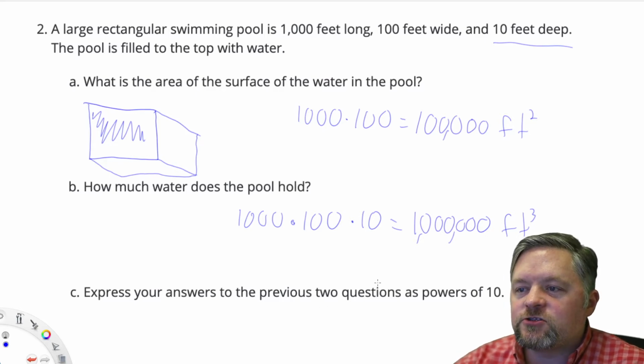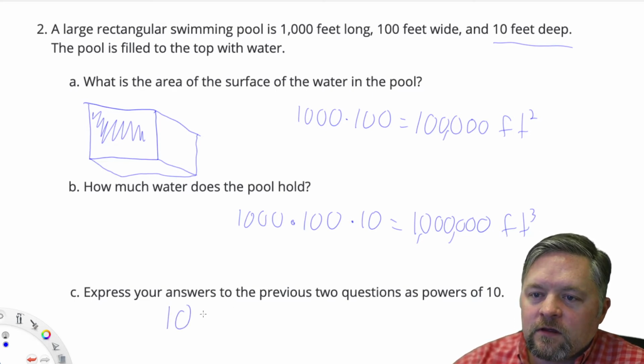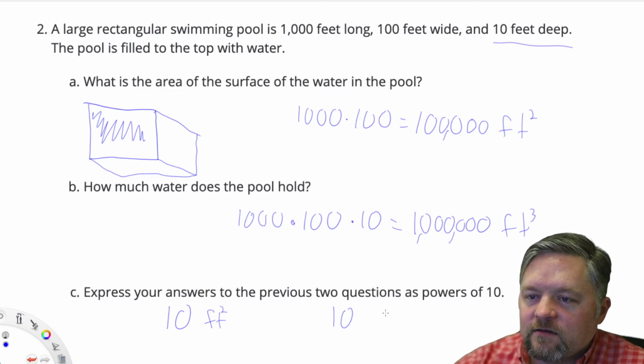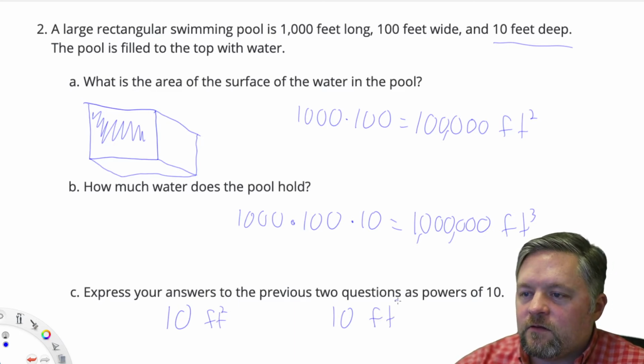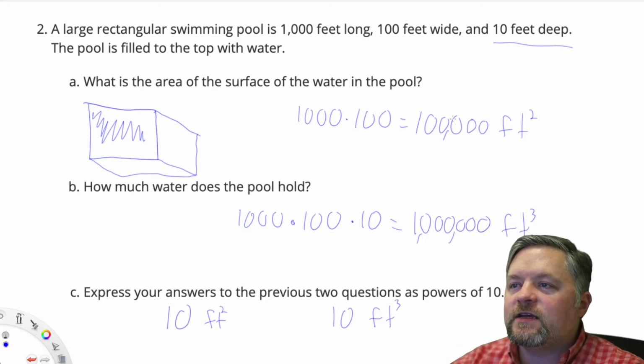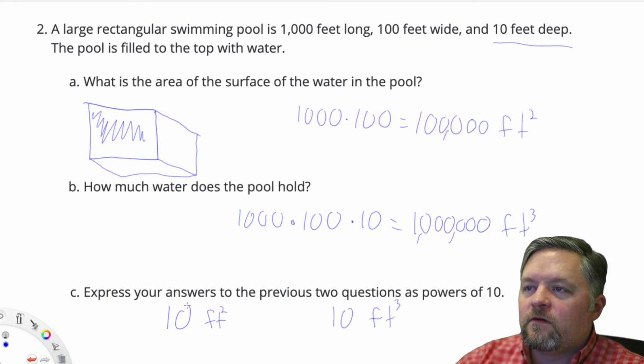Express the answers to your previous two questions as powers of 10. Okay. 10 to the power of something, square feet, and 10 to the power of something, hey, you forgot the T, cubic feet. Now this one is 10 to the power of 4.